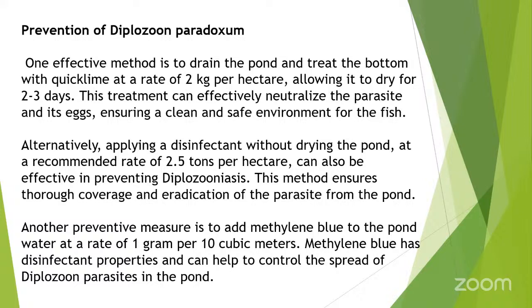So in this chapter, we studied in detail various protozoan and metazoan parasites that cause many diseases. We also saw their life cycle, their clinical features, how to control them, and how to treat them. Water is the medium of living for all aquatic organisms. Hence, maintenance of water quality is a key factor for successful pond culture operations.